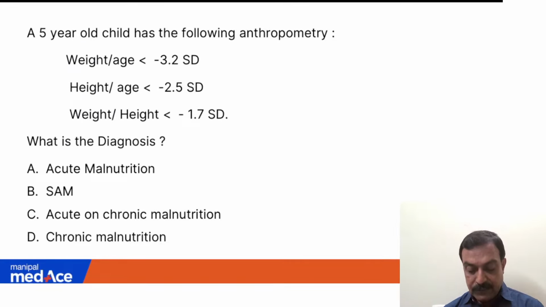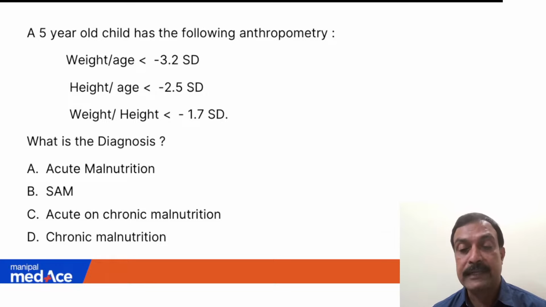So the next question is, a 5-year-old child has the following anthropometry. Weight for age is less than minus 3.2 standard deviation. Height for age is minus 2.5 standard deviation. Weight for height is less than minus 1.7 standard deviation. Is it acute malnutrition? Severe acute malnutrition?